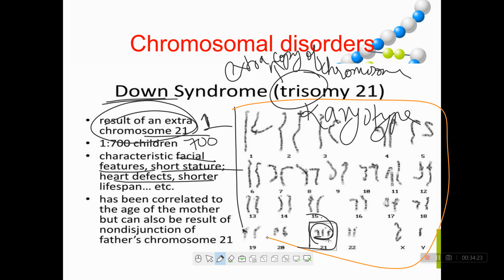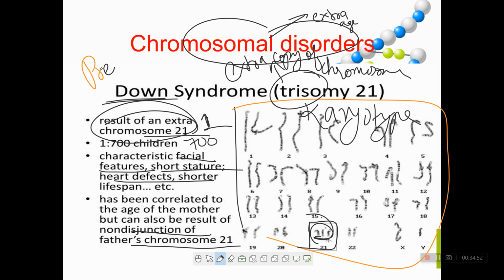It is related to the age of the mother, but can also be the result of non-disjunction of the father's chromosome 21. This chromosomal disorder happens due to advanced age in a woman, pregnancy in the late period.